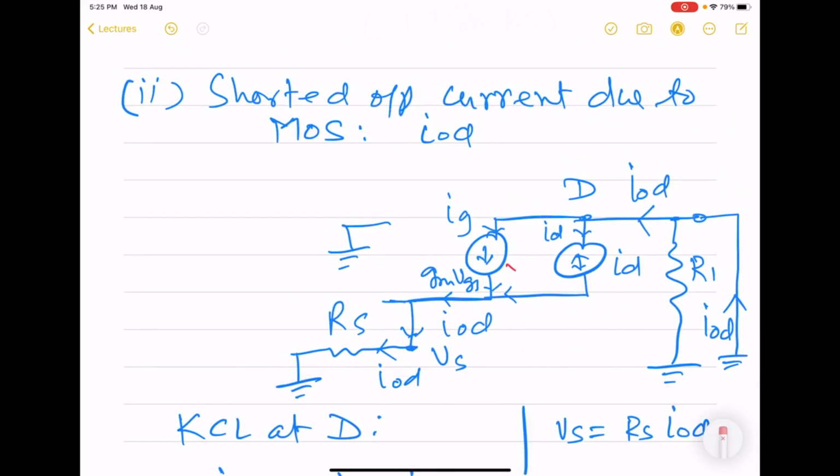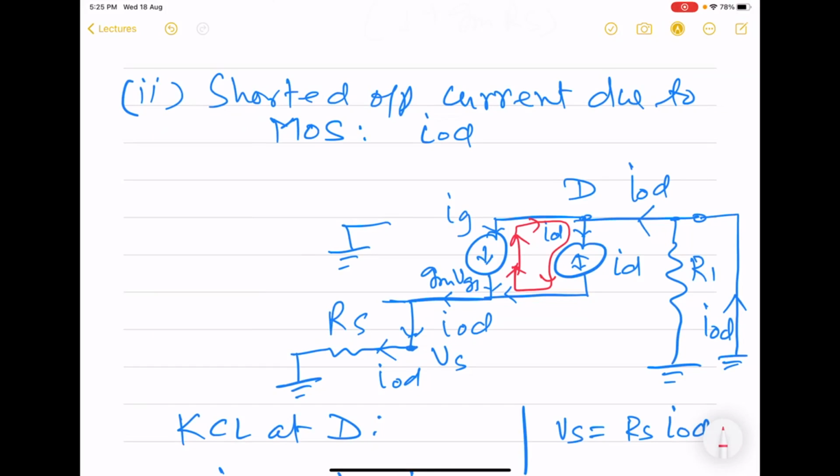But it is negative, that means it actually flows in this direction. So what we find is that this dependent current source circulates in this loop. So you can say it circulates inside the MOS, and that is why what we see is not the entire ID flowing outward, but only a part of it.